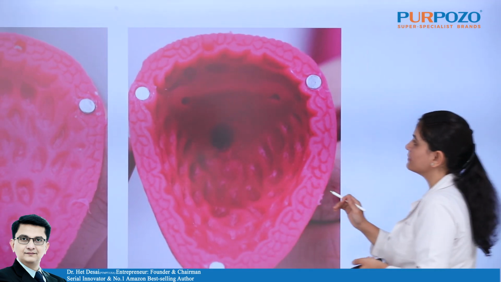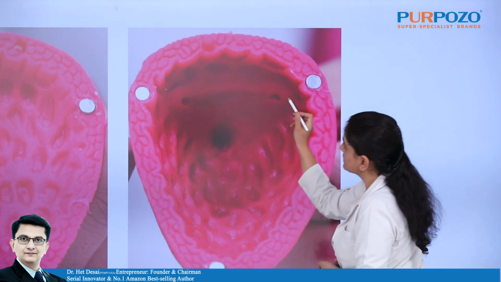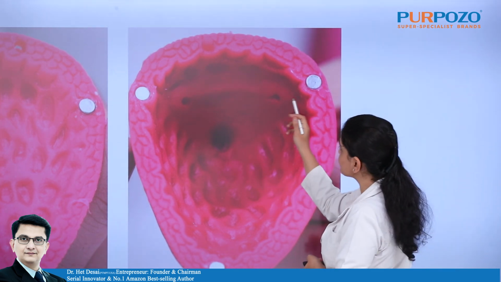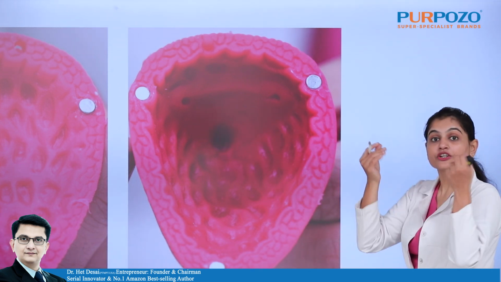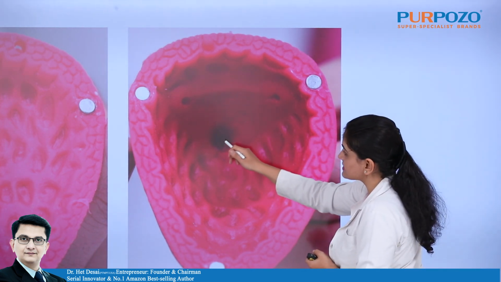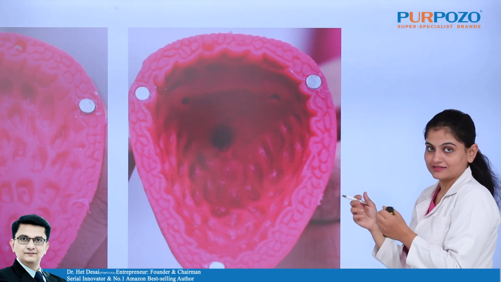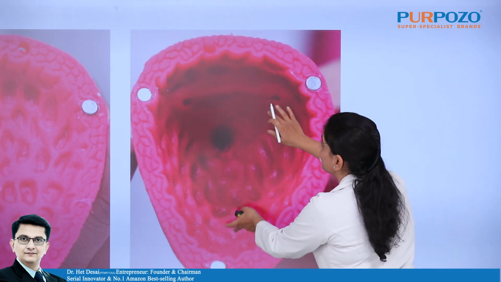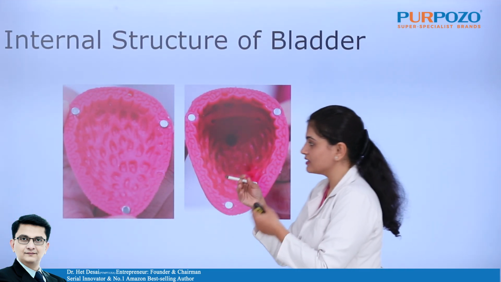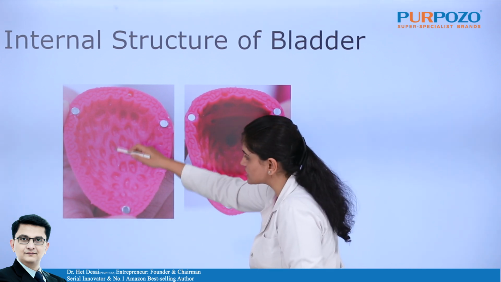If we zoom a bit in, you can see there are two holes and the third hole is here. This is where your ureters are connected, and this is the P canal, or you can say the urethra. So, your bladder internally has multiple sacs, or you can say small pouches.